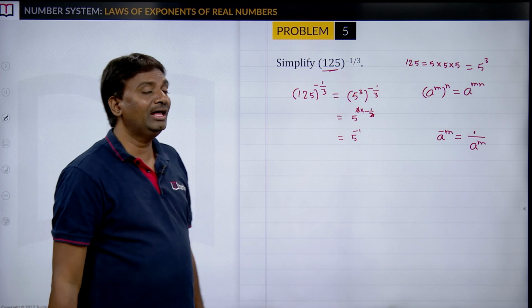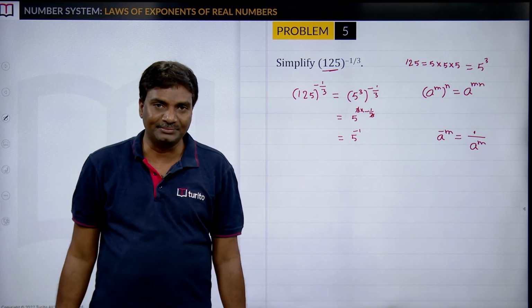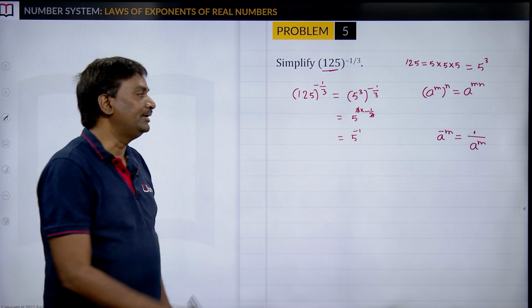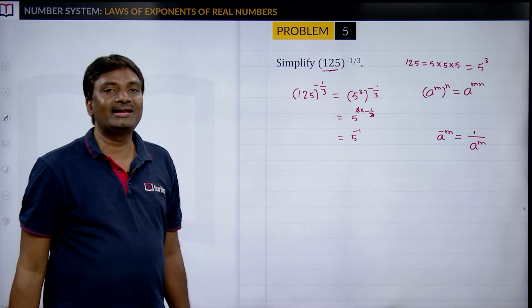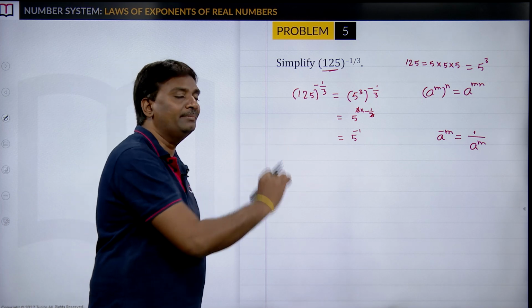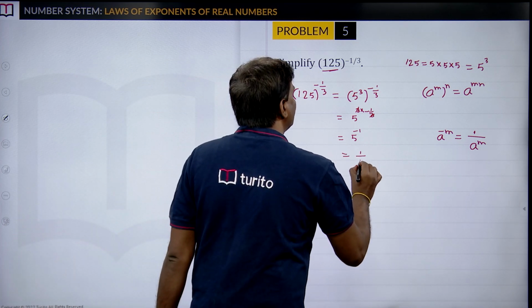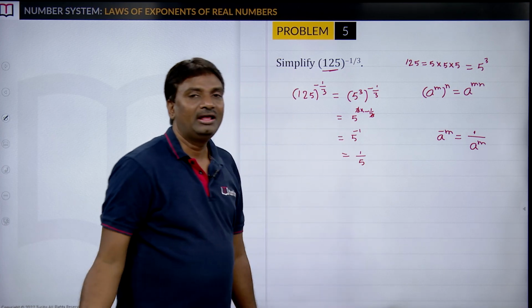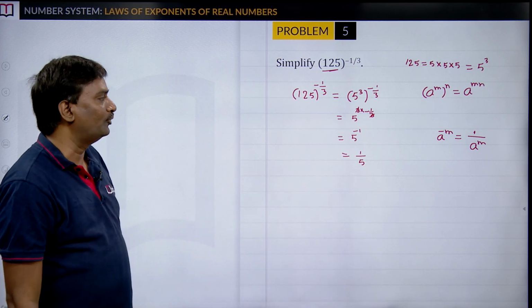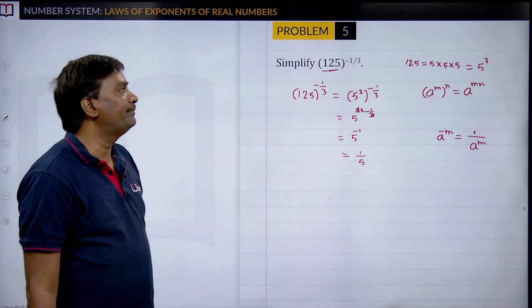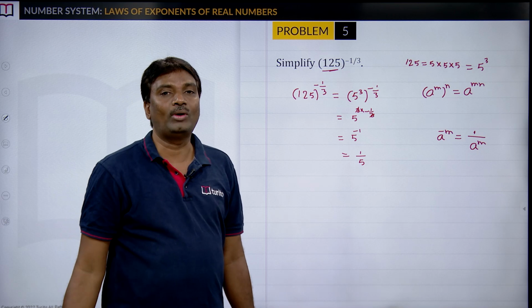When we have a negative exponent or negative power, you can take that to the denominator. So we can write 5 power minus 1 as 1 by 5 power 1, and 5 power 1 is nothing but 5 only. So the value of 125 power minus 1 by 3 is 1 by 5.